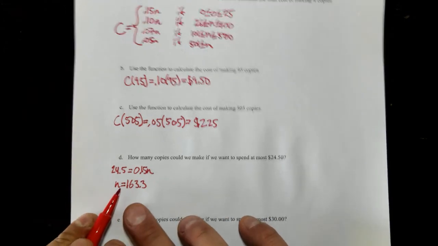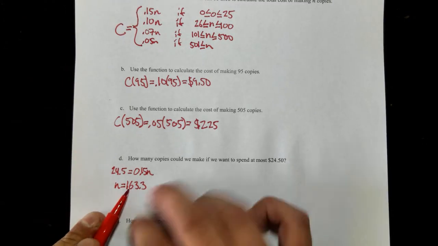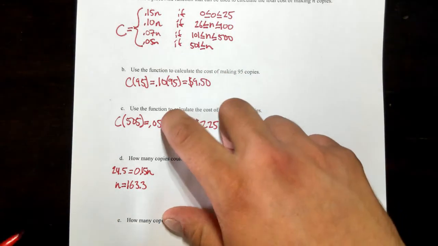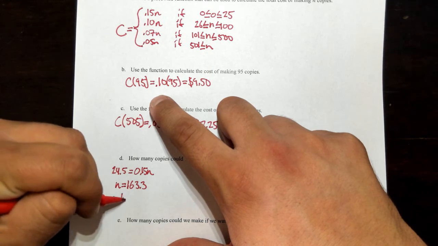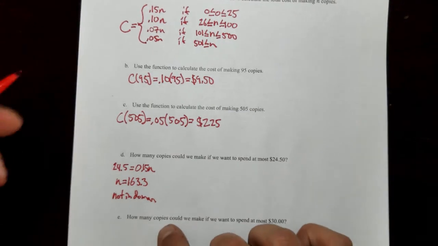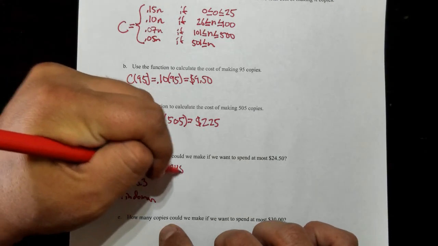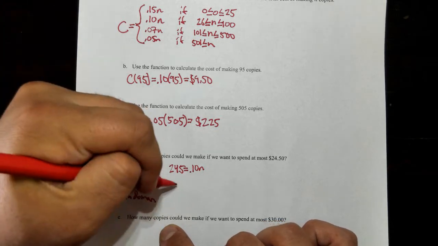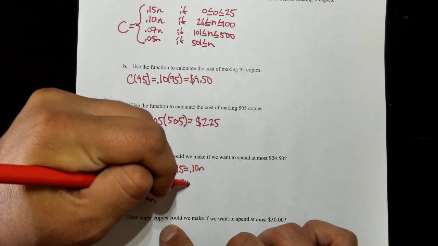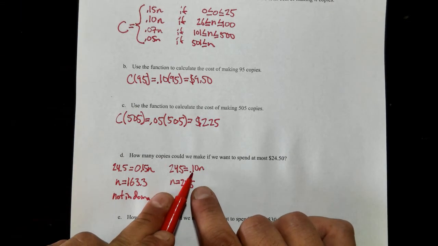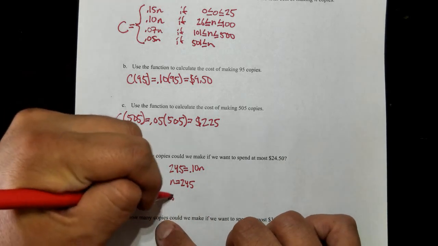That obviously doesn't fall in the domain of our first rule, so it does not work. Let's try the next one. I set 24.5 equal to 0.10n, and then n would be 245. 245 is not in the domain of the 10 cents rule, so that doesn't make sense either.